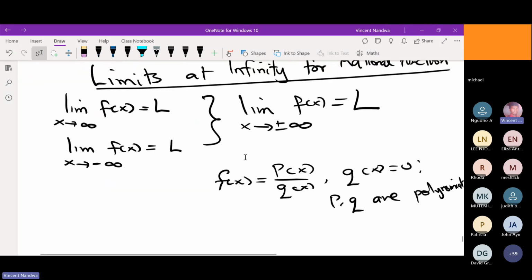What you normally do to compute limits as x approaches plus or minus infinity of a rational function is divide both the numerator and denominator by the highest power of x in the denominator.